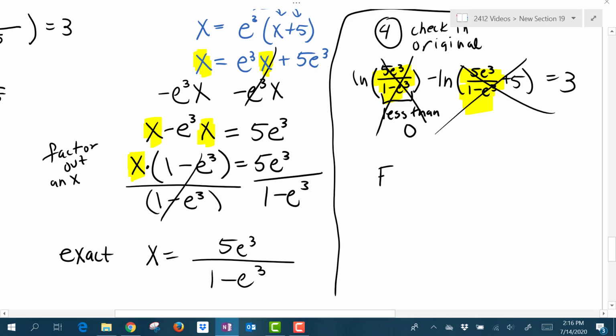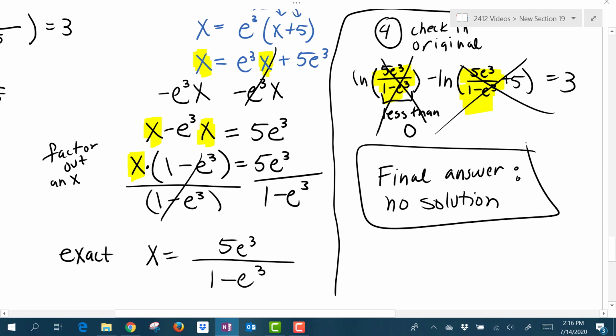If all of the solutions that you get do not work in the original equation and you end up crossing out all solutions, then your answer is no solution for this equation. So the one solution that we did get turned out to be extraneous. We ruled out all solutions, so there is no solution that we were able to find for this equation.